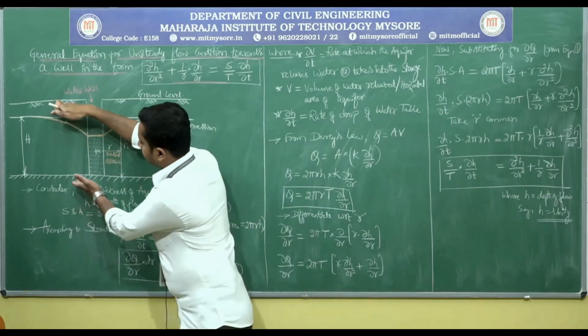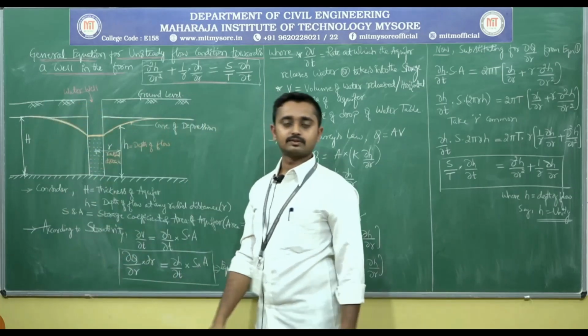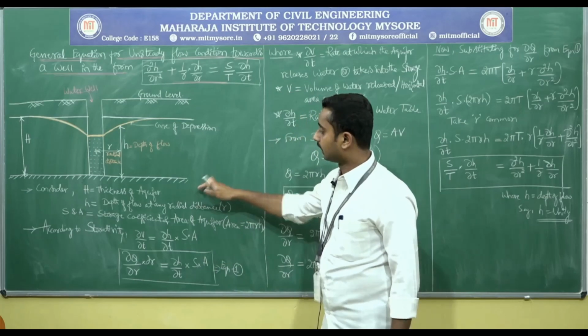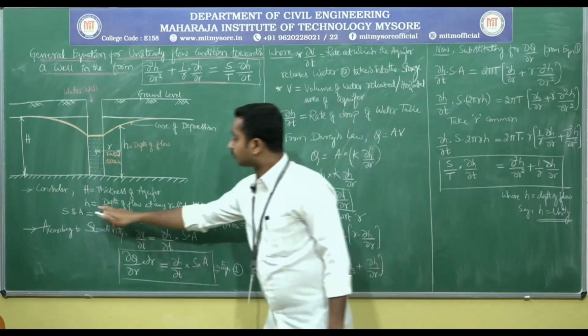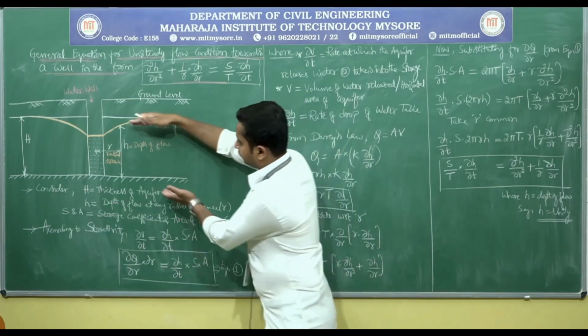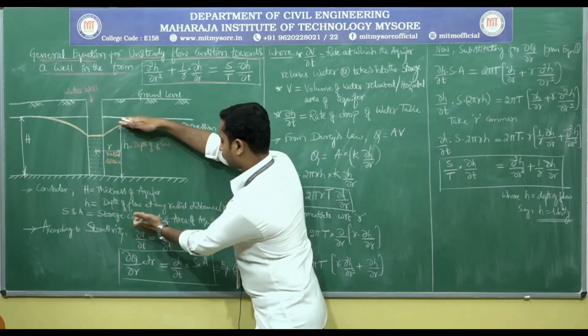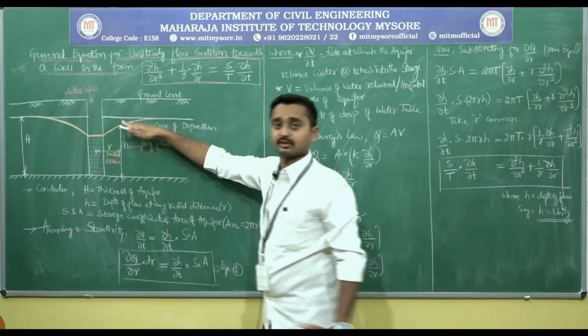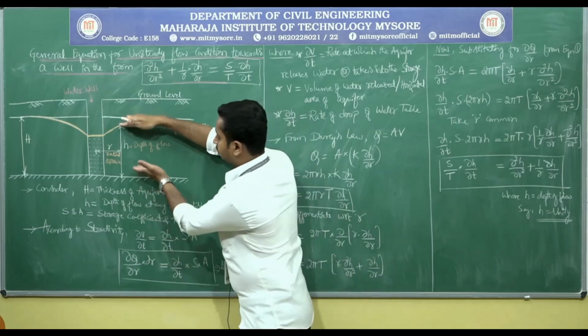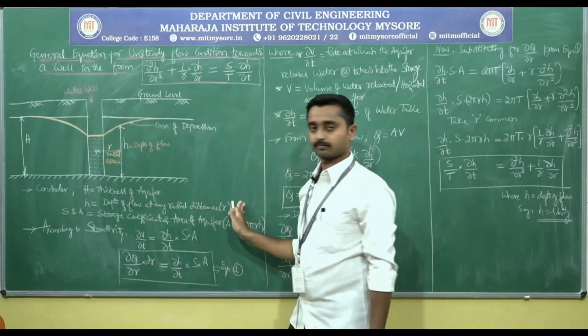This is the thickness of the aquifer. Small h means depth of flow at any radial distance r.